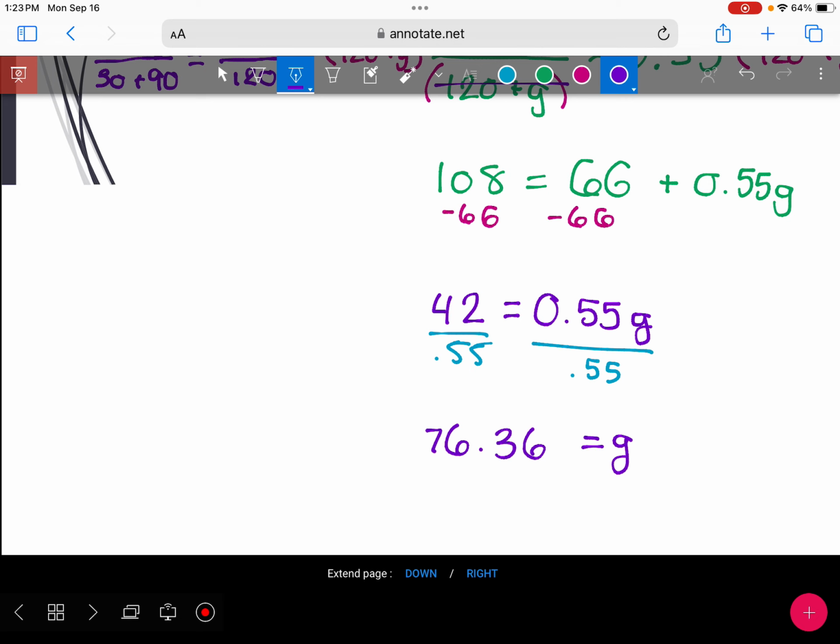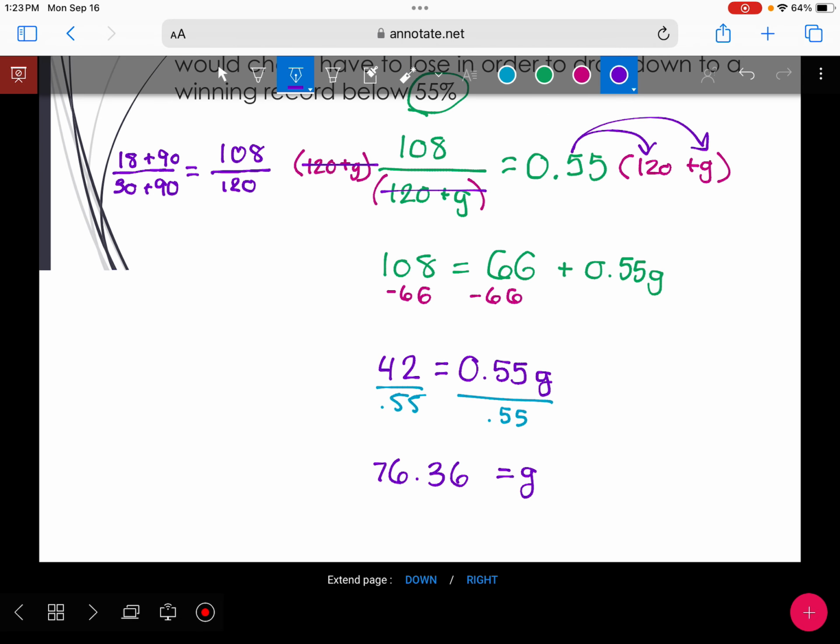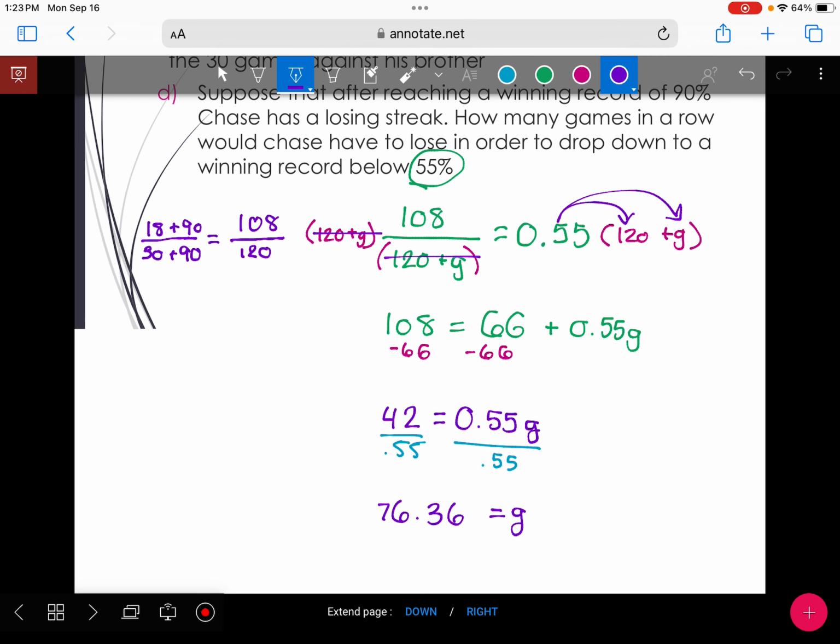So how do we round this in order for his winning record to be below 55%? Does he need to lose 76 games or 77 games? 76. Test it out.